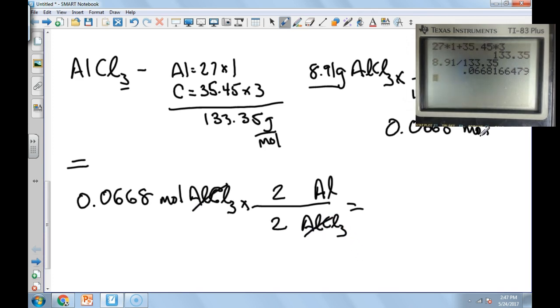We cross off AlCl3, and notice what we have left: moles of aluminum. Now, I don't need the calculator to do this math because 2 divided by 2 is 1, so this is going to be 0.0668 moles.